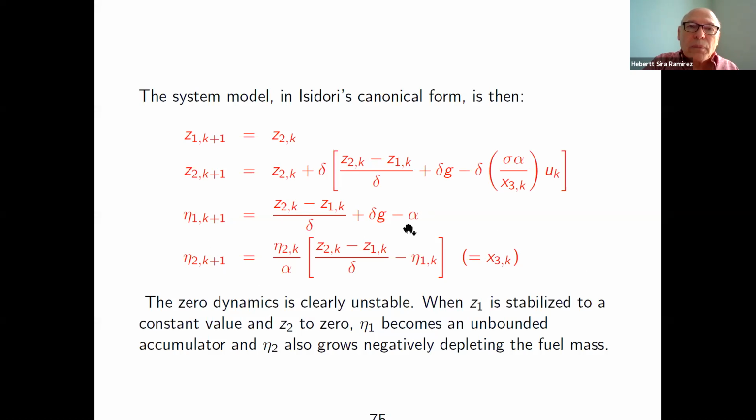the control input. And let's see that this zero dynamics is unstable, because if x1 is stabilized to a constant value and the velocity goes to 0, when you substitute those values here, x1 equals 0 maybe, or 1, and x2 equals 0, this becomes constant.